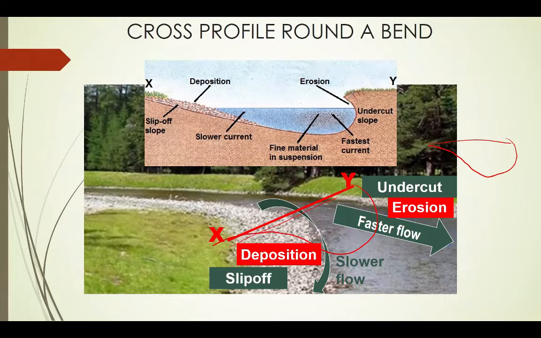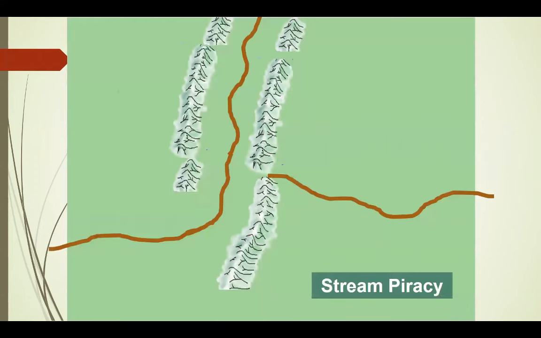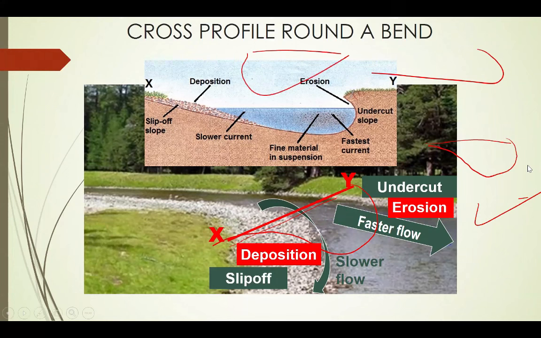If the river was bending in the other direction, then your tick will face a different direction. It's just a tick. That is your cross profile through a meander. It can be a tick in the right direction, or in the opposite direction.